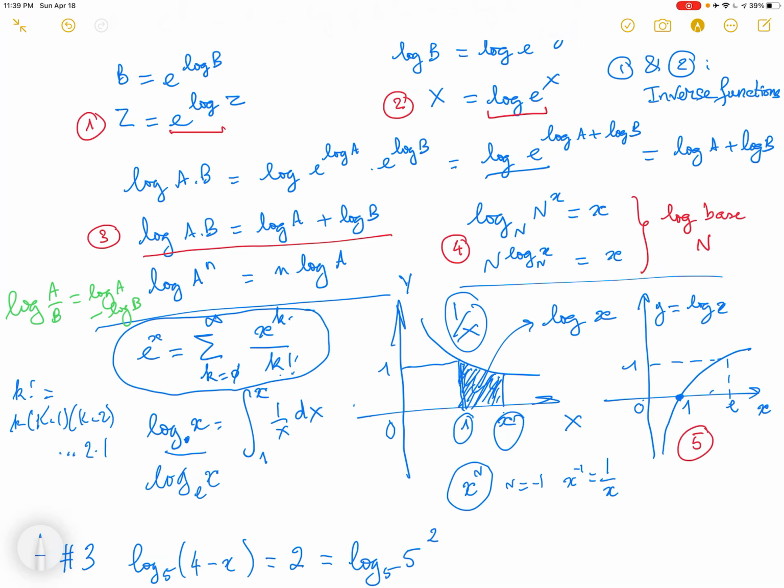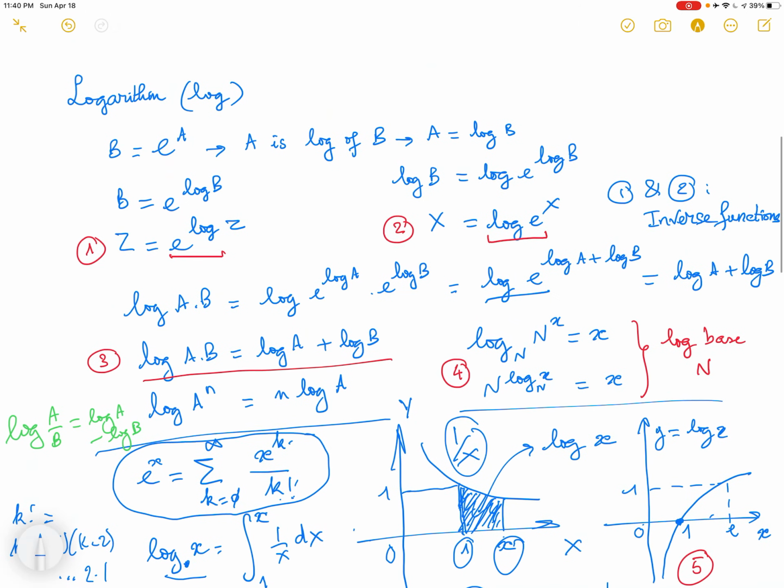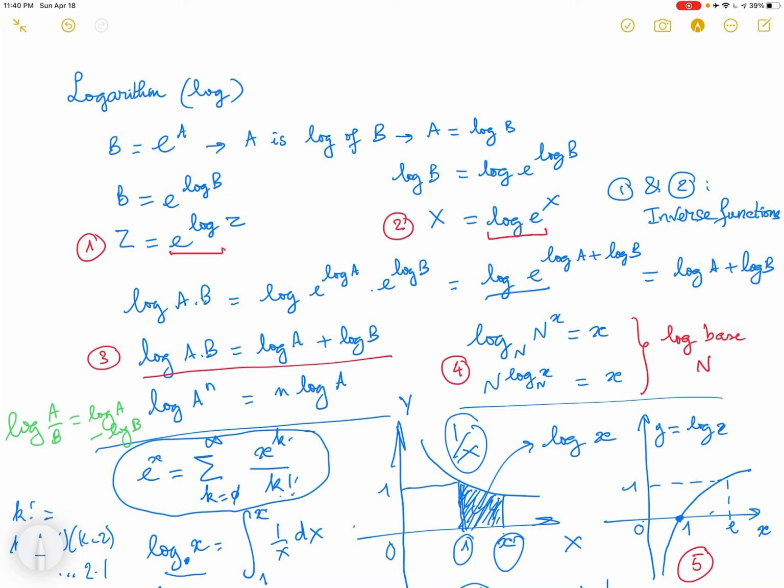In another video, which I already posted, I explain more the relationship between the function e of x and log of x, and how there are a lot of coincidences between these two.